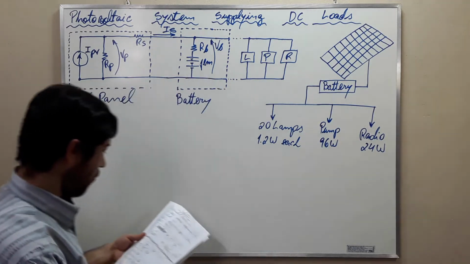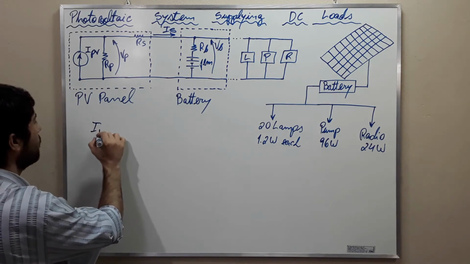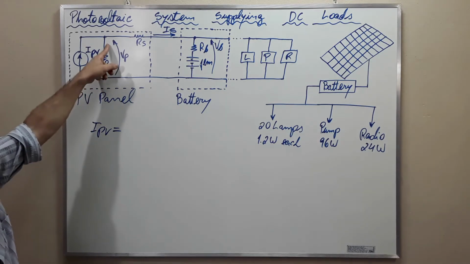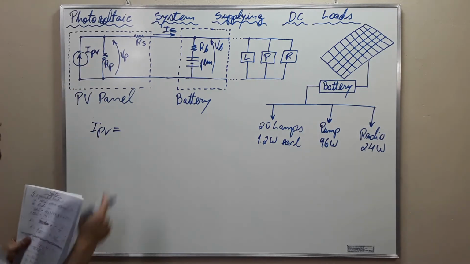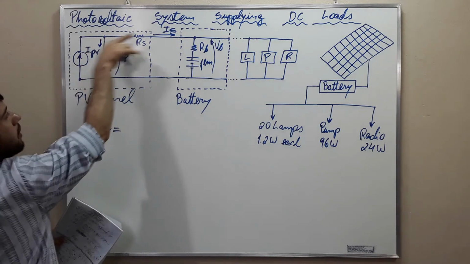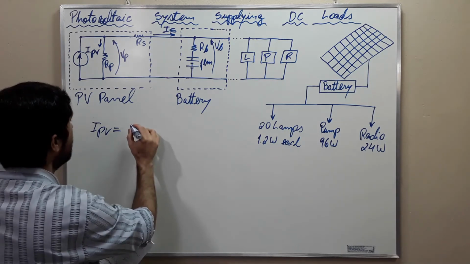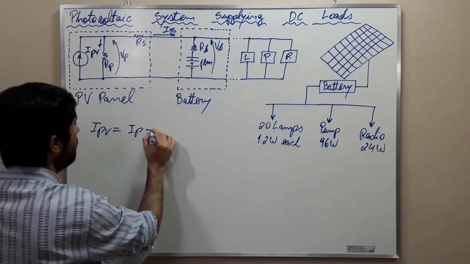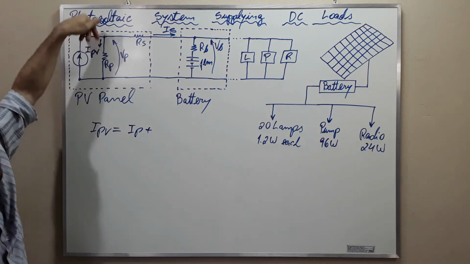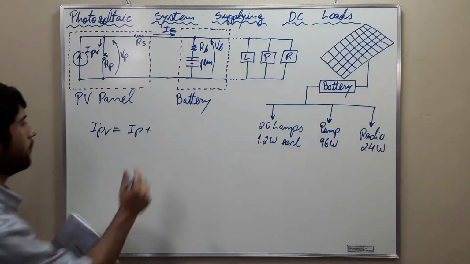Alright. So, IPV is going to be equal to the current that flows here, downwards here, plus the current that goes there, which is IS. Then IPV is equal to IP plus IS. I'm calling this current here IP, and the current that goes there IS.